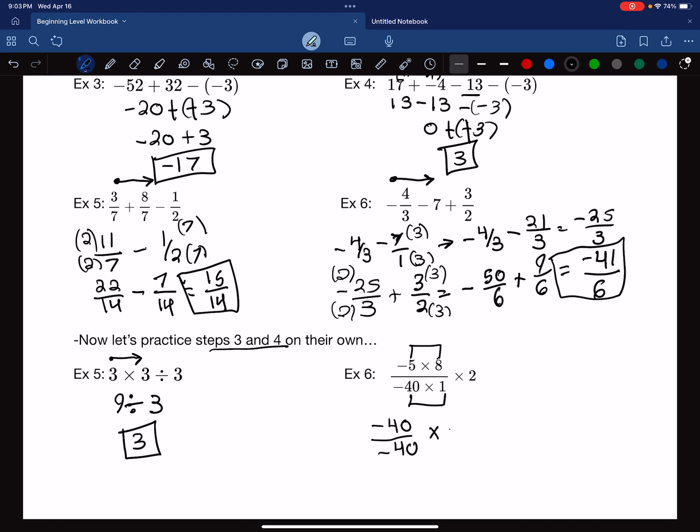Then we're going to multiply that by 2. Because we work from left to right, we're going to do -40 divided by -40, and negative divided by negative is a positive. So we just get +1. We're going to multiply that by 2, and 1 times 2 is 2.